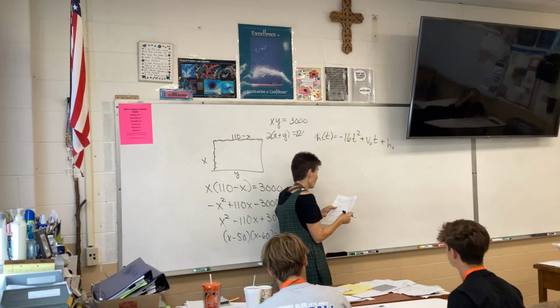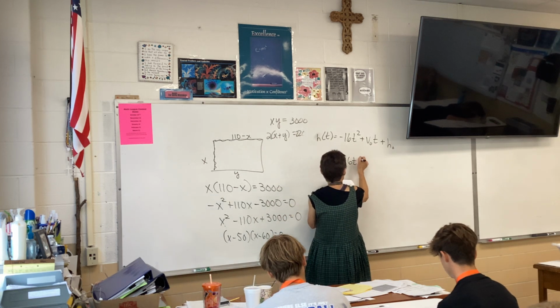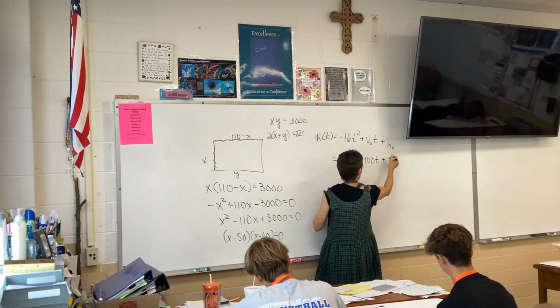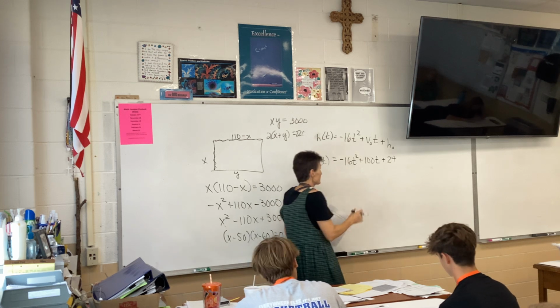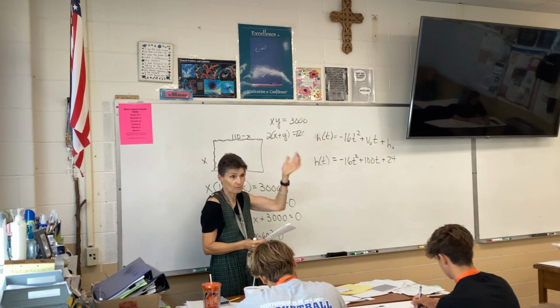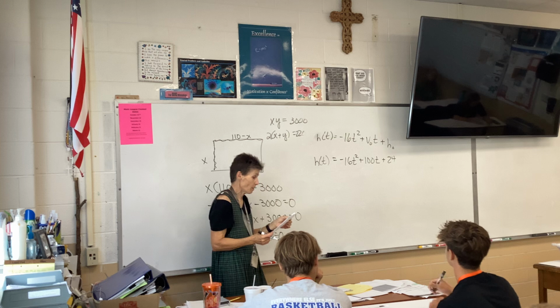And from the problem, we know that the initial velocity is 100 and the initial height is 24. So here is my equation for this particular problem. This is the generic. This is this particular problem.